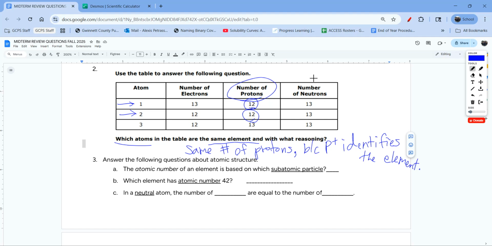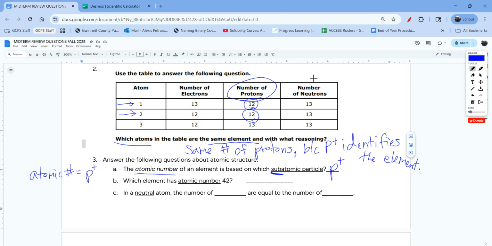Okay, 3 says, answer the following questions about atomic structure. The atomic number of an element is based on which subatomic particle? Subatomic particle. So it's either proton, neutron, or electron. Atomic number goes with proton. Atomic number equals proton number.